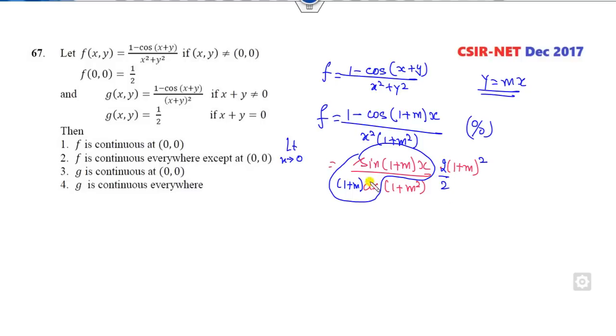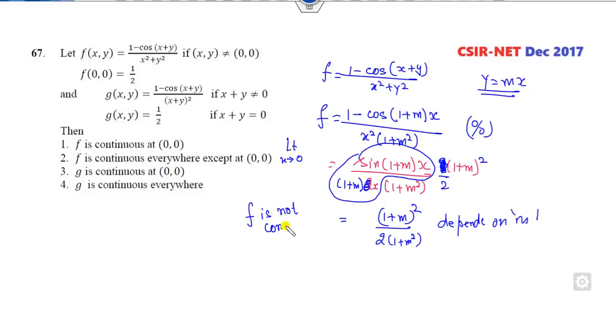I can take this separate 2. Now this value will be 1. So the rest of the part will be 1 plus m whole square divided by 2 times 1 plus m square, which depends on m. So it means f is not continuous at 0, 0.